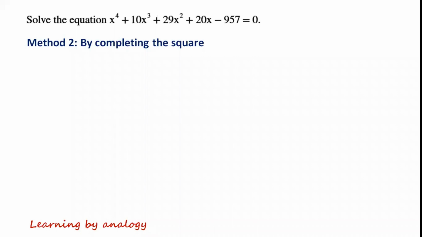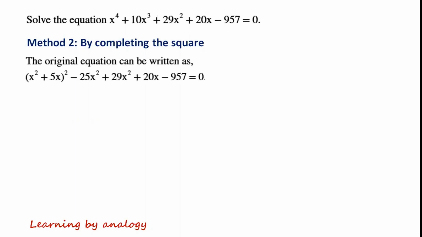Now we have an alternative method: completing the square. The original equation can be written as (x squared plus 5x) all squared minus 25x squared plus 29x squared plus 20x minus 957 equals 0.